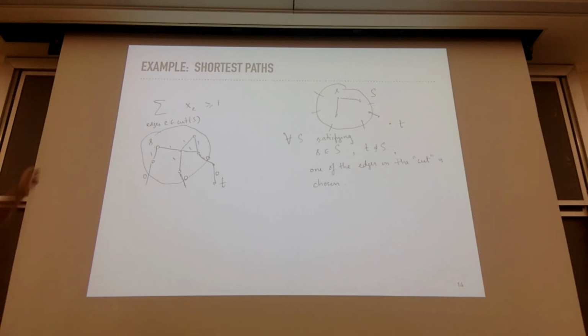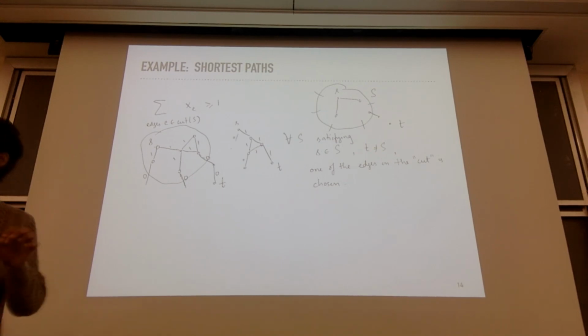Now, of course, this could allow more. This would allow solutions of this kind, right? So you can have more than necessary, and a bunch of zeros for all the other edges. But I claim that that's not needed. I mean, that's not a problem. Do you guys see why?